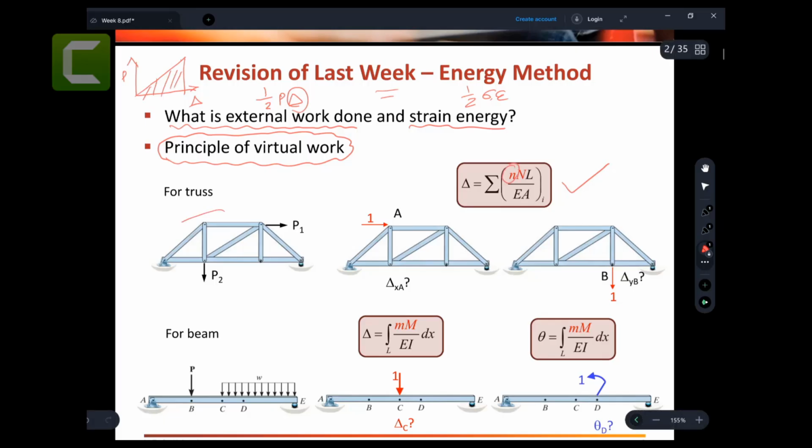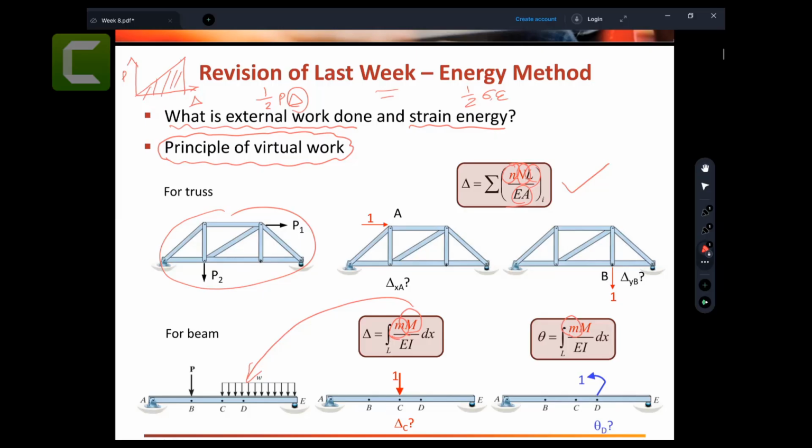We find the internal forces in the real structure, which is capital N, L, and EA, and you substitute the values to get the displacements. Similarly, for the beam, you find the capital M, which is the internal moment of your beam. Then you apply the virtual load or virtual moment, depending on whether you are finding the deflection or rotation, and calculate the internal moments.